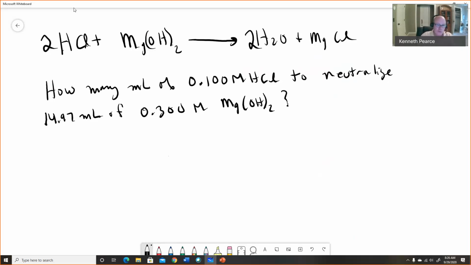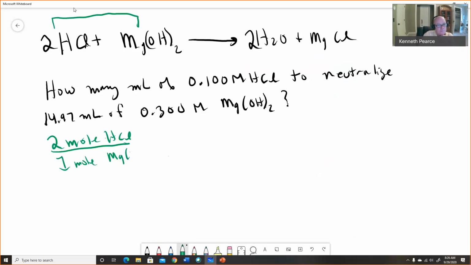Okay, so the same idea applies here. First off, you do need the mole ratio between the two things that are reacting, and we'll go ahead and write down the mole ratio. The mole ratio is 2 mole HCl for every 1 mole magnesium hydroxide. And then let's just copy down what we have in the form of the molarities, in moles per liter.